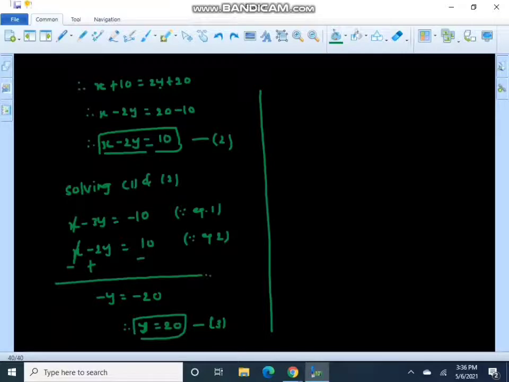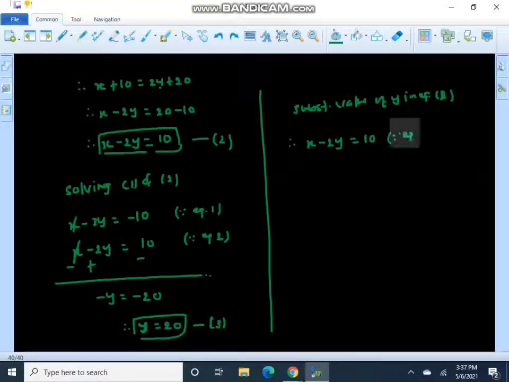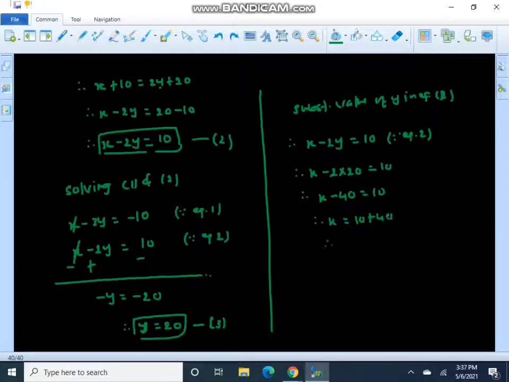Substituting value of y in equation 1 or in equation 2. Say we are substituting in equation 2. Therefore, we have x minus 2y, 2 into 20, x is equal to 50.